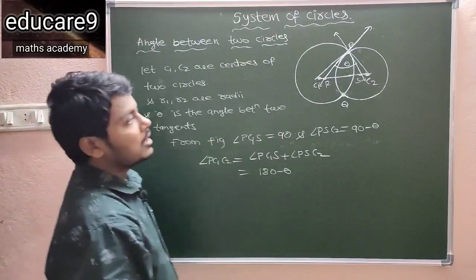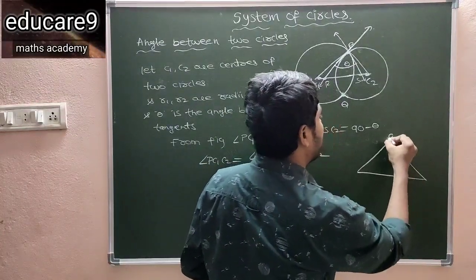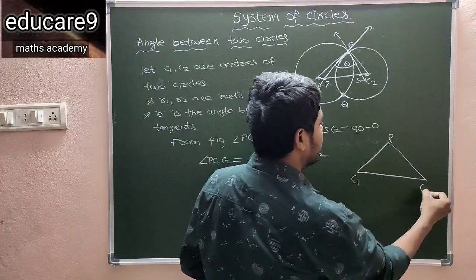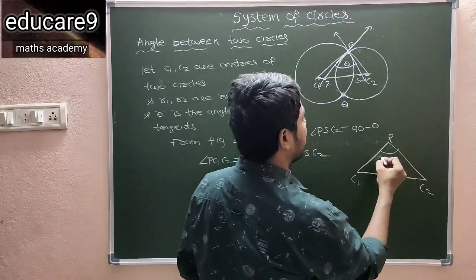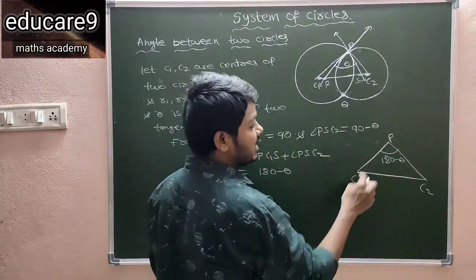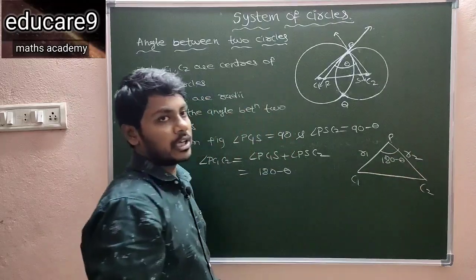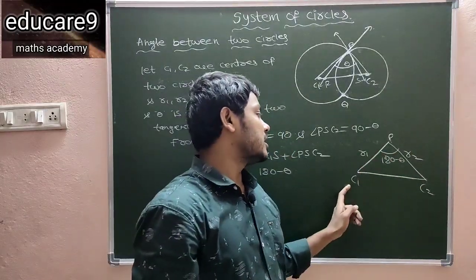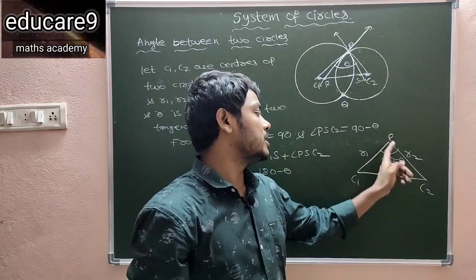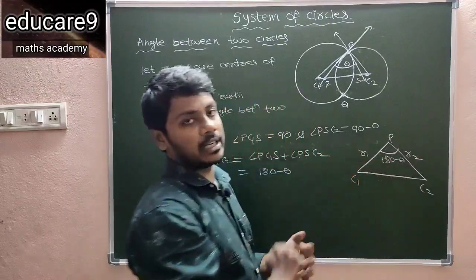So clearly, see here, this is the triangle PC1C2, and this angle is what? 180 minus theta. And clearly PC1 and PC2 are radii of the two circles. So clearly here two sides are known, that is PC1 and PC2, and the included angle is known, that is 180 minus theta.